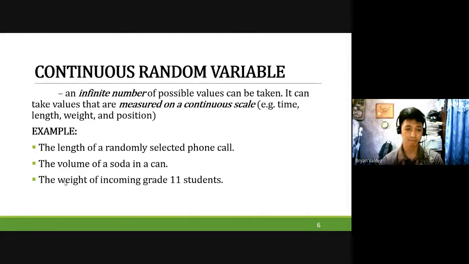And then we have the weight of incoming grade 11 students, which you can measure using a weighing scale. So yun yung tatandaan natin. A continuous random variable is infinite, there's no limit on it, and we can identify the possible values by measuring it in a continuous scale, or using a measuring tool.